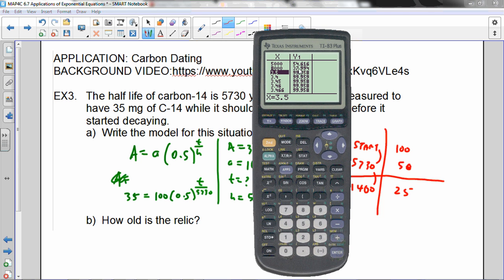Well, now we're getting closer. It's still got to decay more, though, to get to 35. So I'm going to go up. I don't think 9,000 will be a good guess. I think that'll be too low. Yeah, that's too low. I need that to be 35, so I don't need it to decay as much. I need to go back to 8,500 years. See, now we're getting close, right? I want to get it so if I round this, it's 35. It needs to decay more, so I need to go up a little bit from 8,500 years.